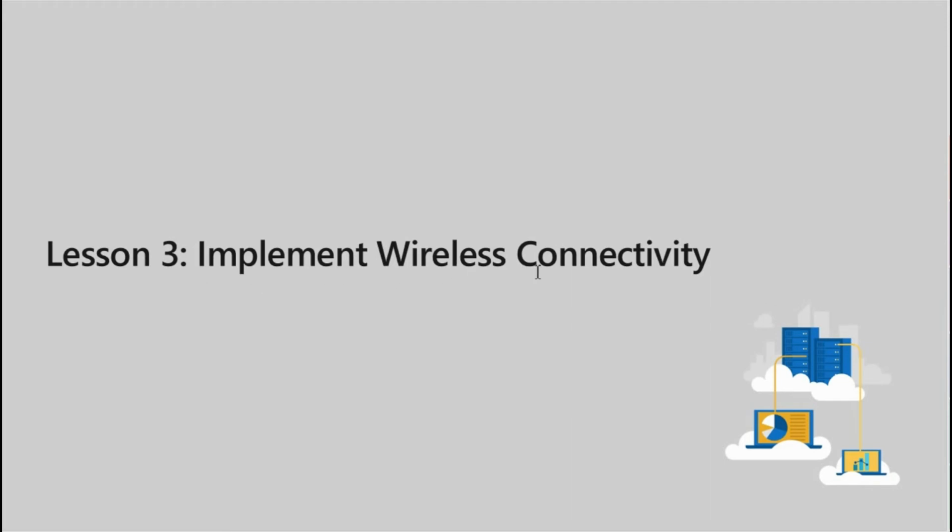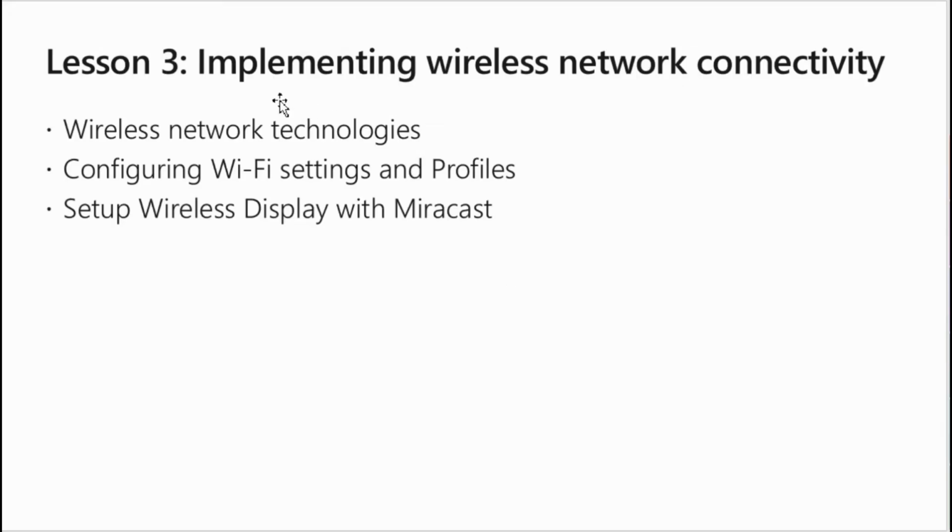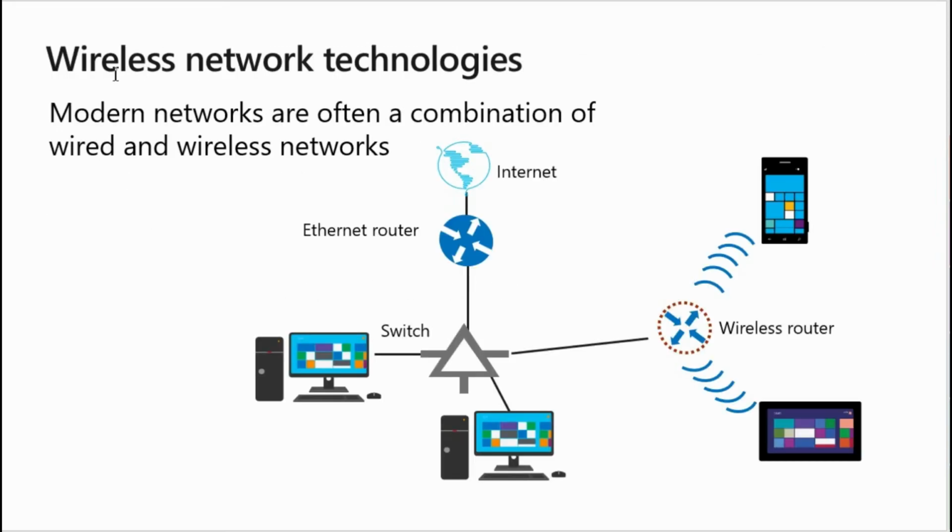Now, implement wireless connectivity. We have some wireless network technologies: configure Wi-Fi settings and profiles, and set up wireless display with Miracast. Modern networks are often a combination of wired and wireless networks. Here we have a switch, some PCs, some routers, and internet connections.